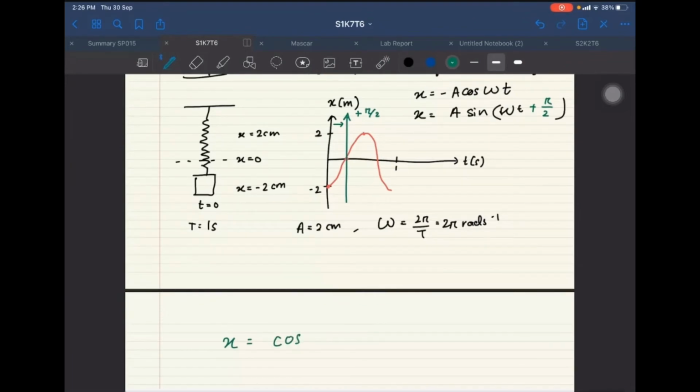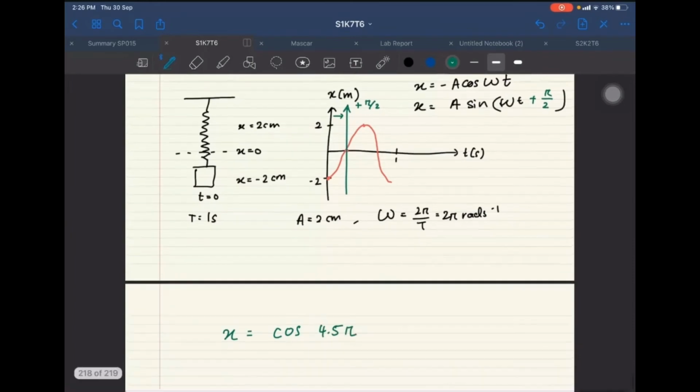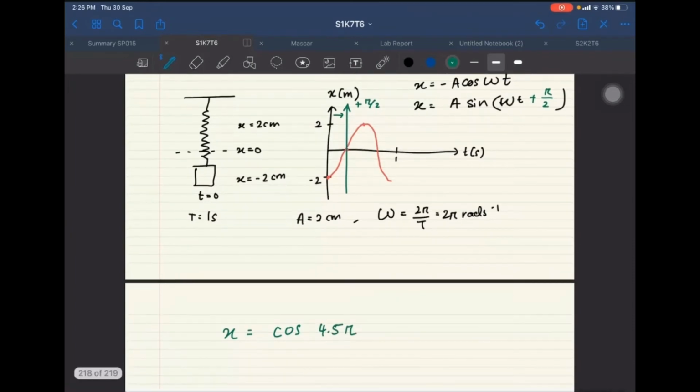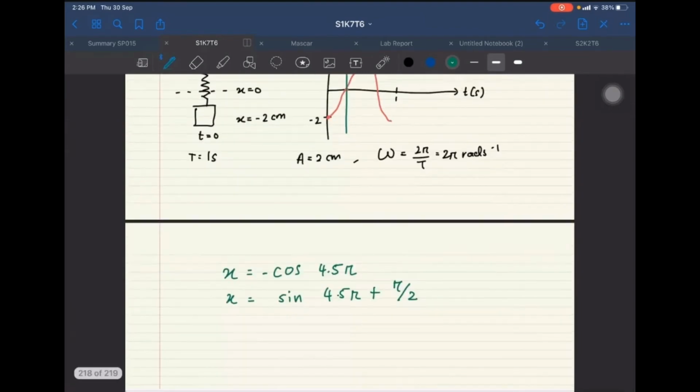negative cos 4.5 pi dengan x equals to sin 4.5 pi plus pi over 2. Okay, if you calculate the first one, make sure your calculator is in radian. Berapa kamu dapat?